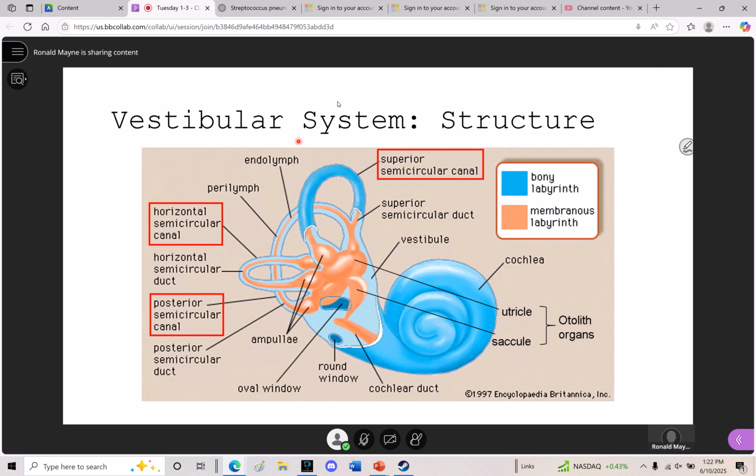Okay. Our semicircular canals and ducts are named. The one on top is the superior semicircular canal. It is also known as the anterior semicircular canal.